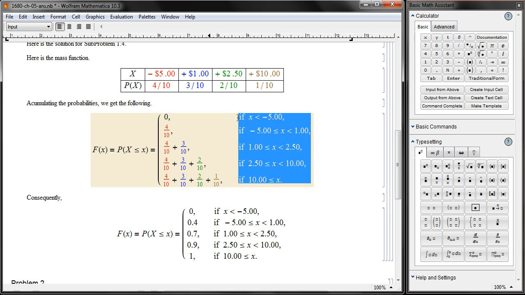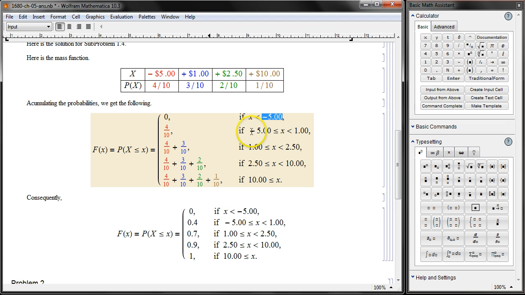Most of the mistakes I see, by the way, I see a lot of mistakes each semester, and most of the mistakes come from here in the right-hand side. All those breaking values are coming from the possible x values. Right here, there are 1, 2, 3, 4 breaking values.